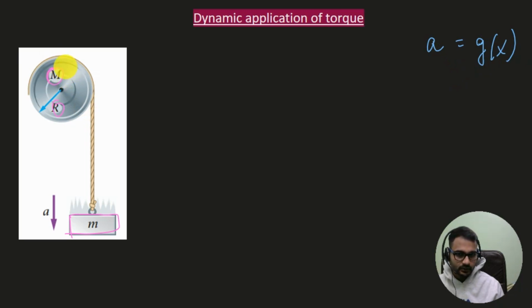this pulley is not massless, so the pulley will resist any rotation, and for the pulley to rotate we have to apply torque, which in this case will be applied by this tension force T. This tension force T will be a tangential force to the pulley, and due to this tangential force the torque will be applied and the pulley will rotate.